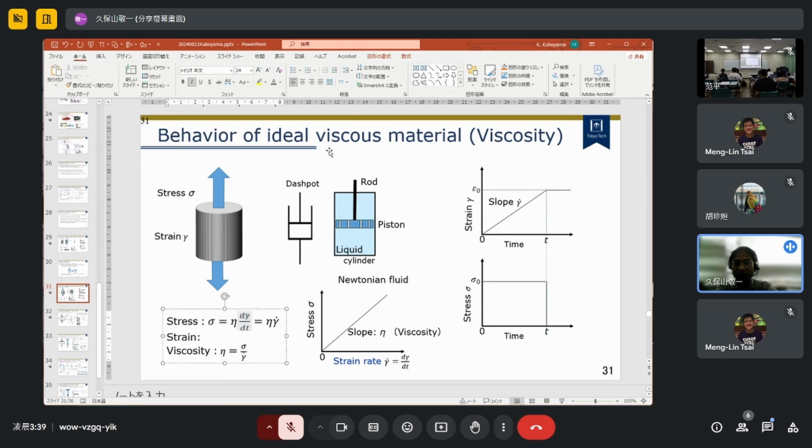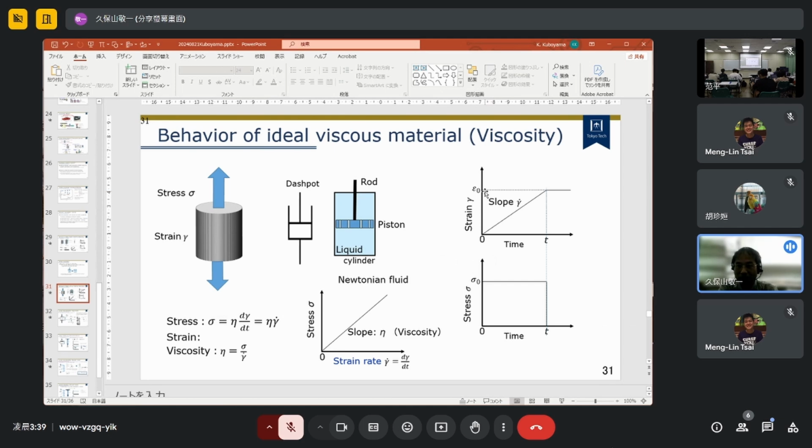That is very important for the viscous body. If you apply a constant stress to the sample, it cannot deform suddenly but deforms slowly. So the strain gradually increases like this. That is a very important point of an ideal viscous material.